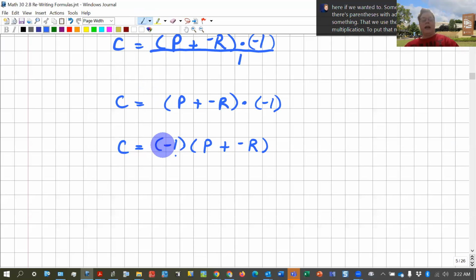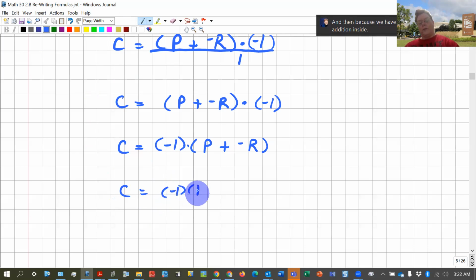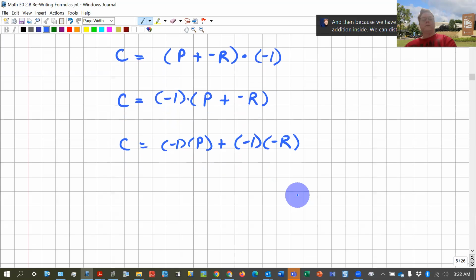And then because we have multiplication outside and addition inside, we can distribute the -1 to both of the terms inside the parentheses.